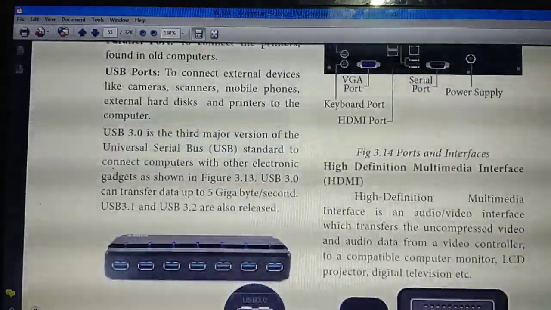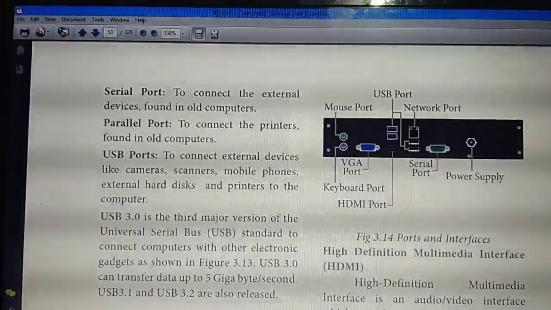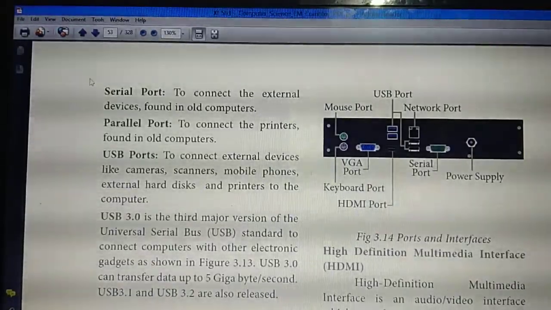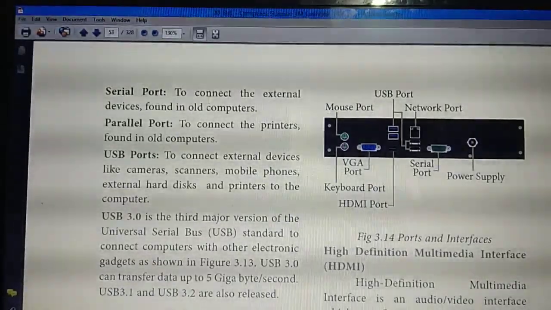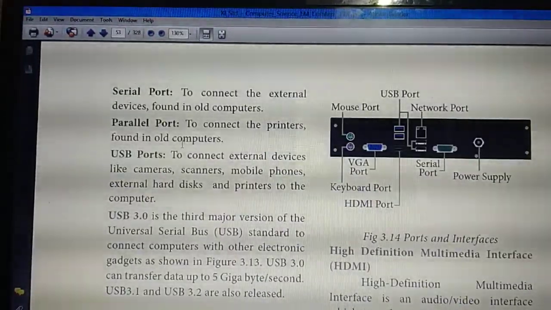If it is possible, write one line for each heading. Serial port: to connect external devices, found in older computers. Parallel ports: to connect printers, found in older computers.